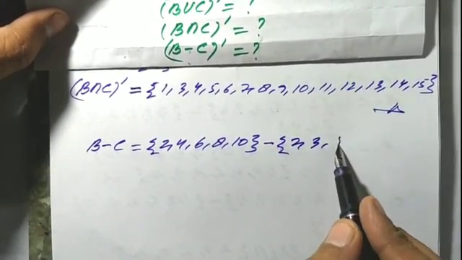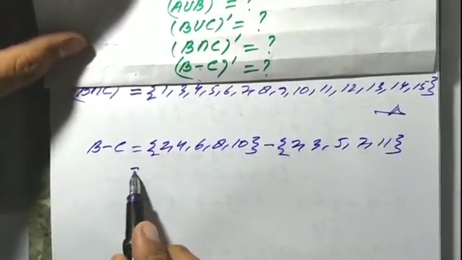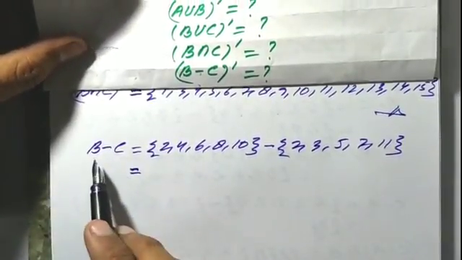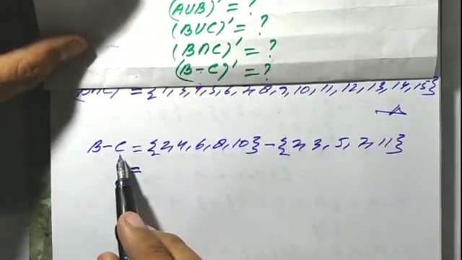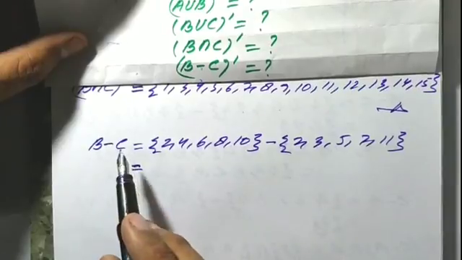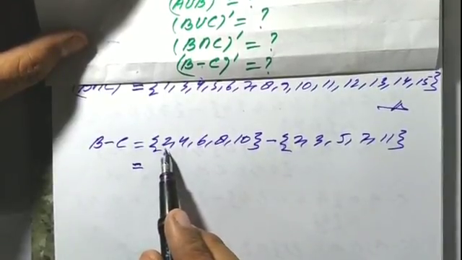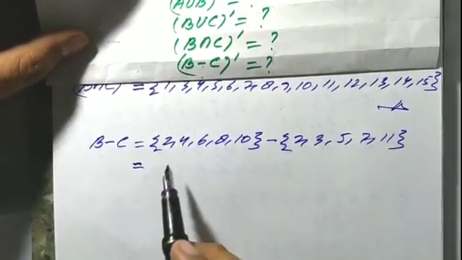As you know by the definition, B minus C is the set of all the elements of B which are not contained by C. So we have to check each and every element of B which is not contained by C.